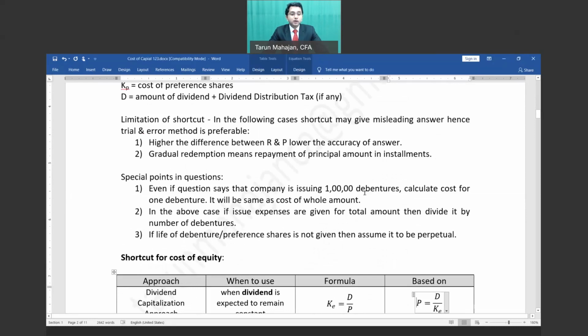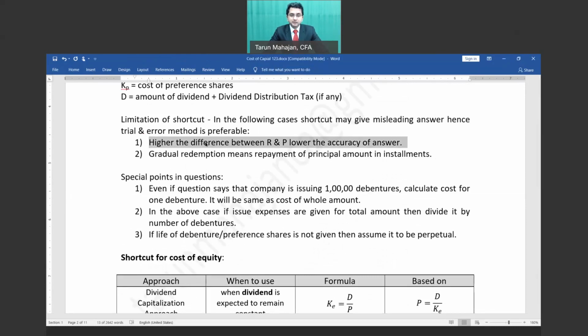Now, there are two limitations of the shortcut formula. If the difference between redemption price and the net proceeds realized, that is issue price, is more, then the accuracy of shortcut formula will be very low.